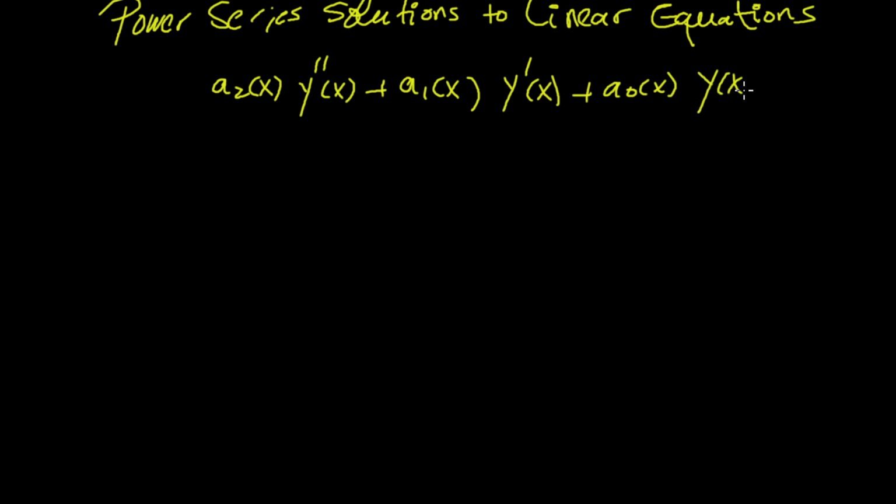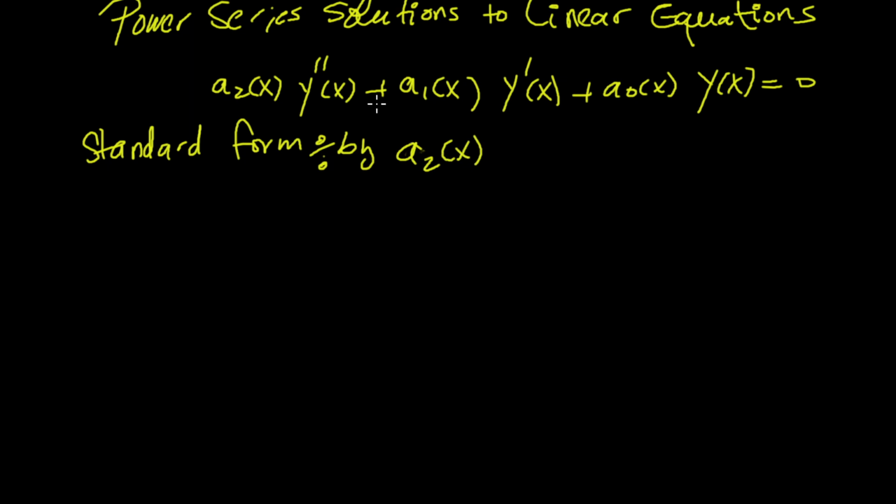So let's say you have this differential equation, and we need to put it in the standard form, and that's by dividing by the first coefficient here, which is a sub 2 of x, and that would lead to the second derivative of a function of x plus some p of x times the first derivative plus q of x times the function y, let's say equal to 0.